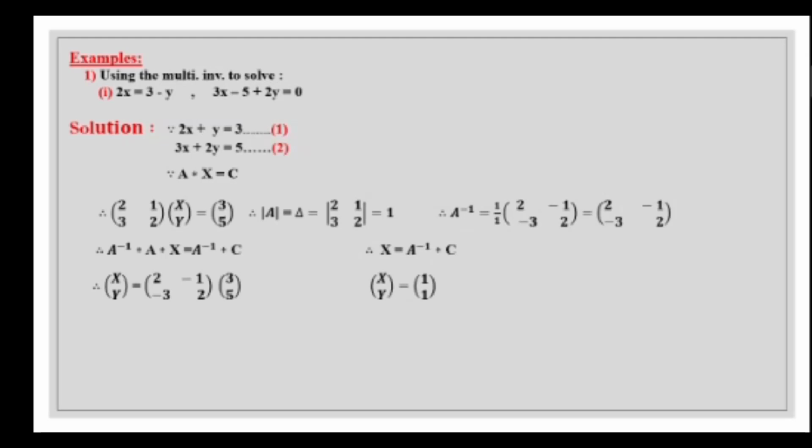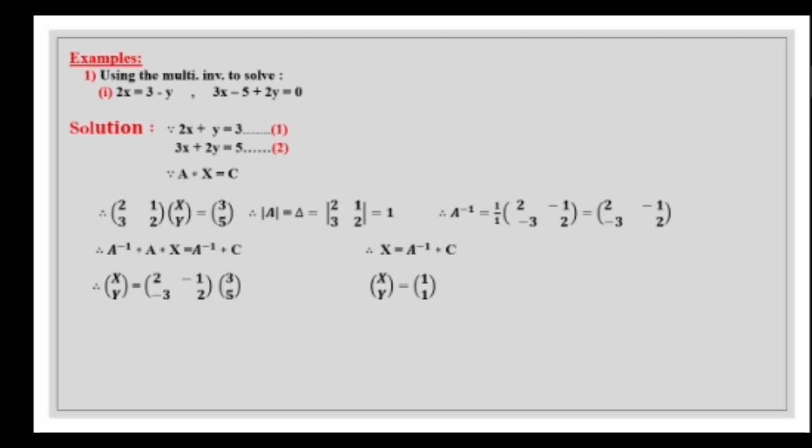Therefore, the matrix X, which is matrix X and Y, equals the multiplicative inverse of the matrix A, which is 2, negative 1, and negative 3, 2, multiplied by the matrix of the constants, which is 3 and 5.